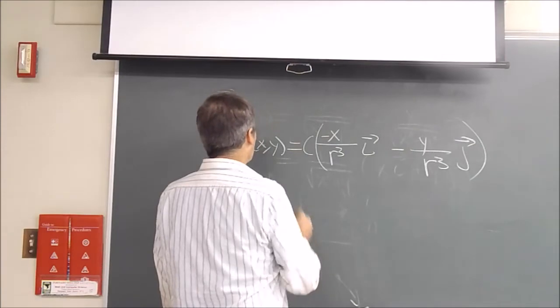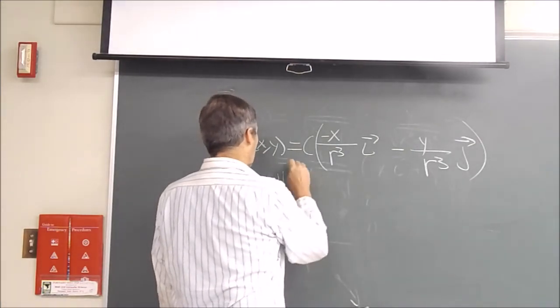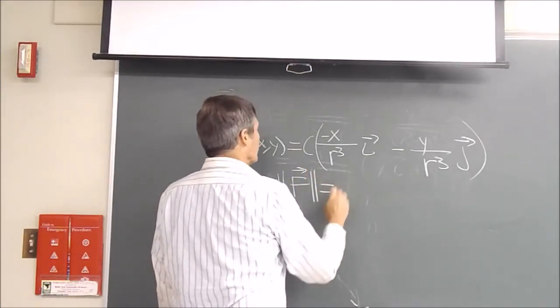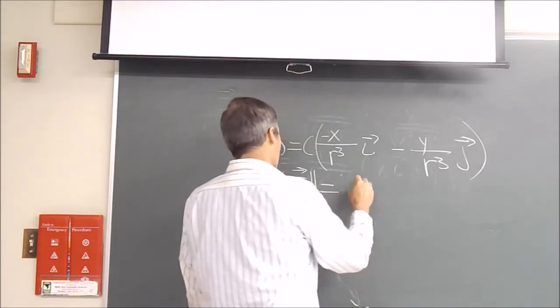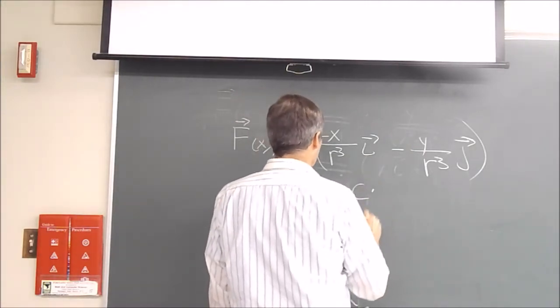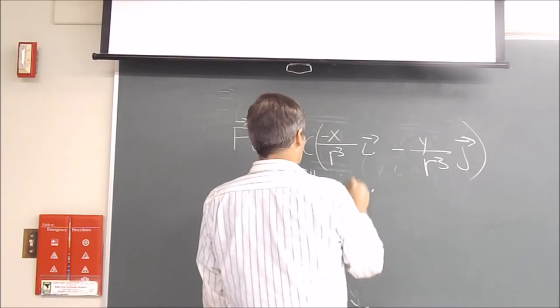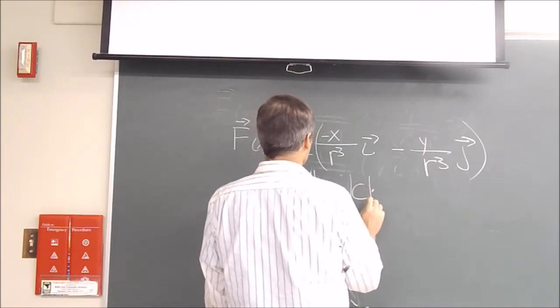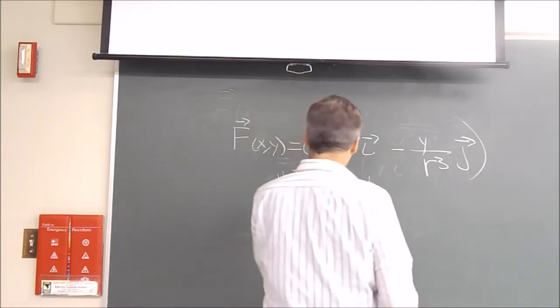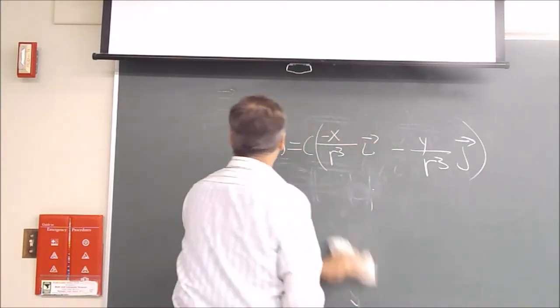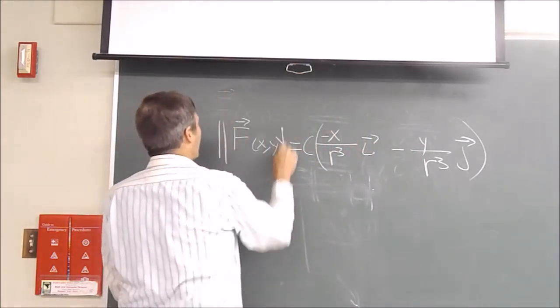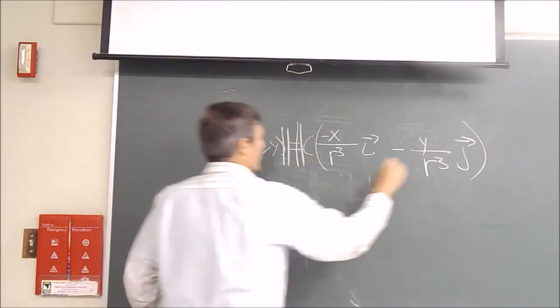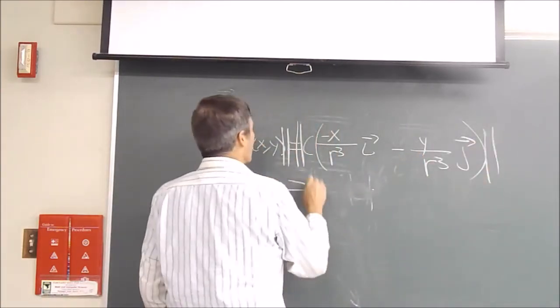Its length is the root sum square of these, is c times, absolute value of c technically. Actually, let's draw it here, say the length of f is the length of all this stuff. It's absolute value of c.